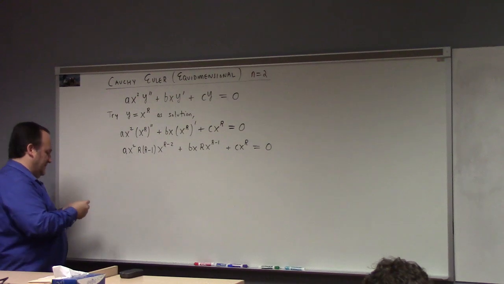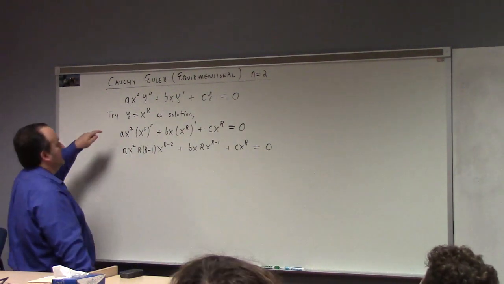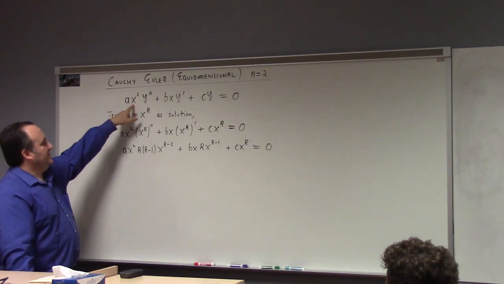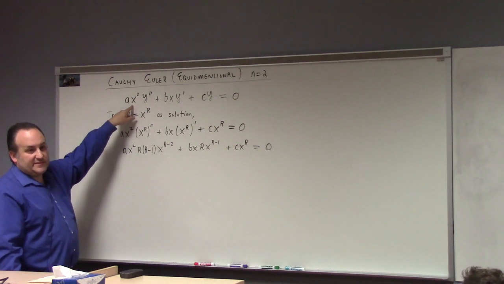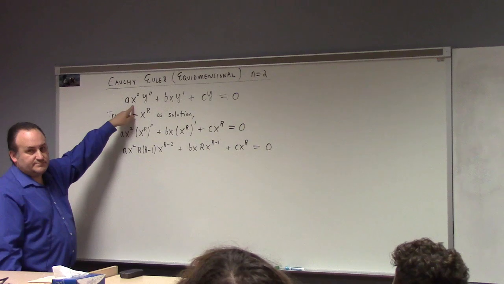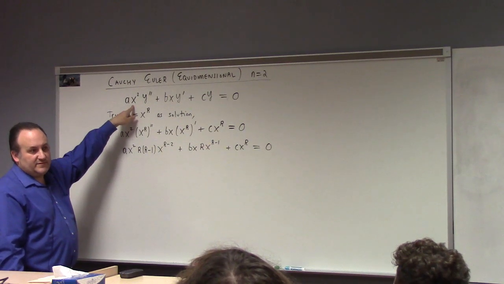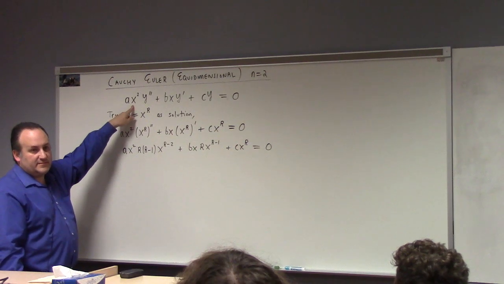But if you look at this, this is why it's called the equidimensional problem. If x has units of length, what are the units of d dx? What do you think? If x has units of length, what does d over dx have the units of?